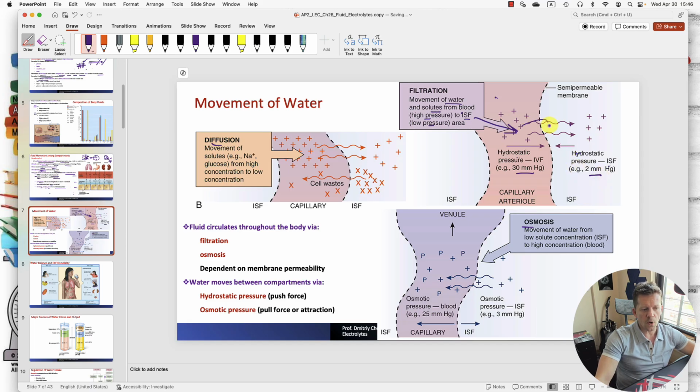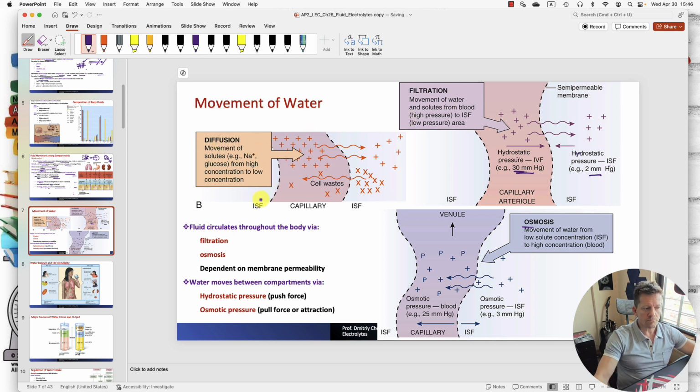So that's the flow; we're going this direction, from high concentration to low concentration, from higher pressure to lower pressure. So filtration is the movement of water and the solutes together.